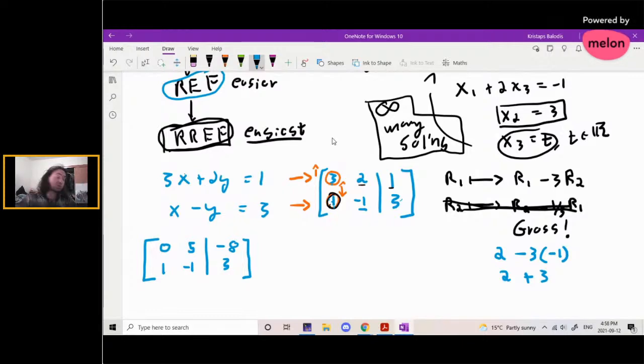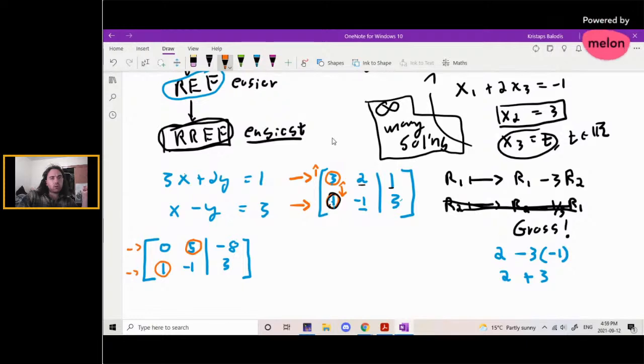Well, condition 1 is about rows of zeros, and we don't have any of those, so there's really nothing to worry about. Condition 2 is about the leading entries, and we need the leading entries to be to the right. Our leading entry of the first row is now this 5, because that's the first non-zero entry, and the leading entry of our second row is now a 1.